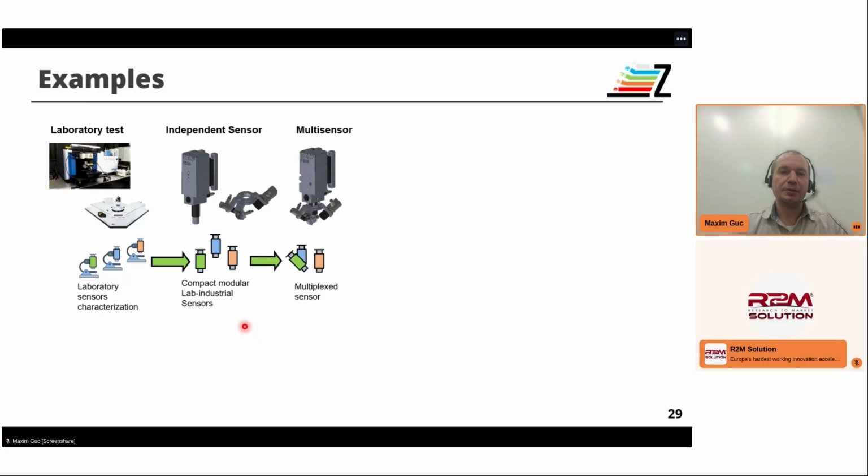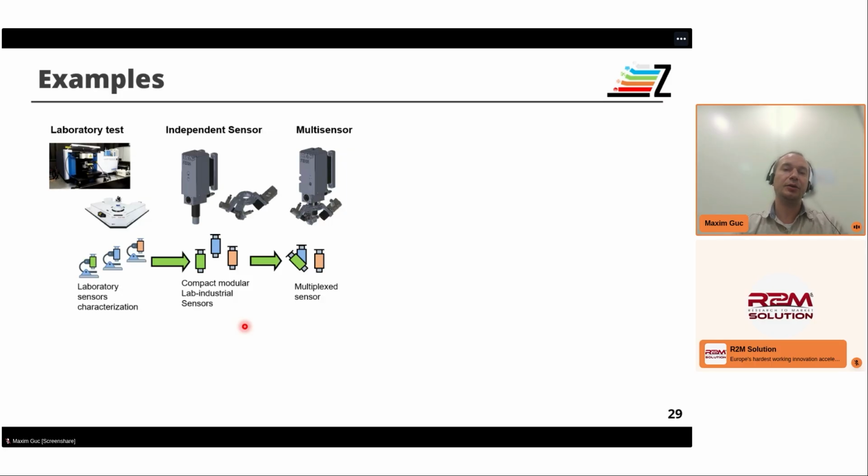And then in several cases, we were thinking, okay, we have the set of independent sensors. Why not try to merge them in one multi-sensor? So here, in these conditions, we are multiplexing the sensors, so we are minimizing the measurement time, because we can already measure the same area of the sample in parallel, at the same time, by different techniques.